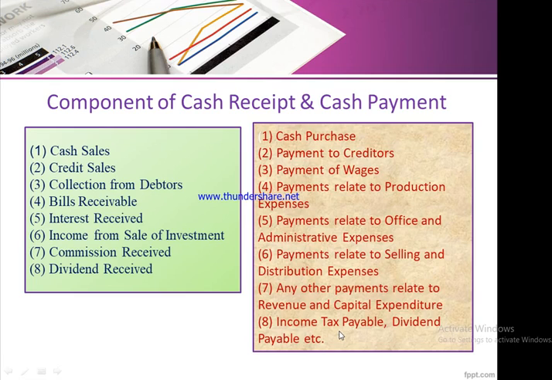Finally, any amount of income tax payable or dividend payable, if it is there, becomes a part of your cash payments. So these cash receipts and cash payments are very important items of your cash budget. By considering this, we will be preparing a cash budget, and with the help of the cash budget we will come to know whether the firm is going to have any surplus or deficit amount left.